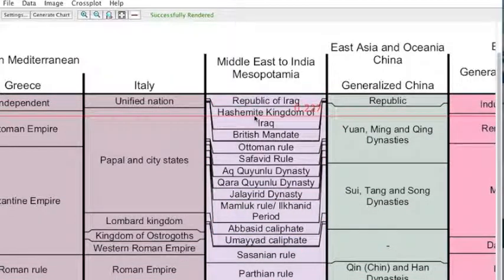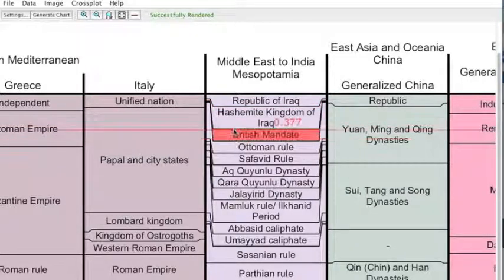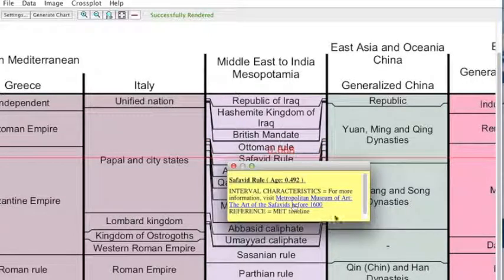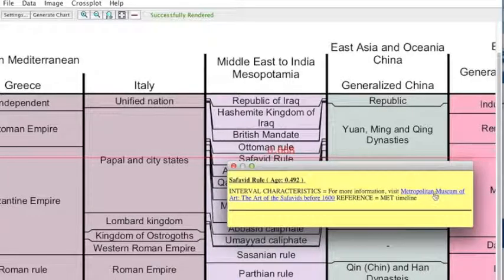They have the Republic of Iraq, then the Hashemite Kingdom of Iraq. Before that, the Hashemite Kingdom, British Mandate. Before that, they had Ottoman rule. Then before that, they had Safavid rule. So this is collected from the Metropolitan Museum of Art, the art of the Safavids.